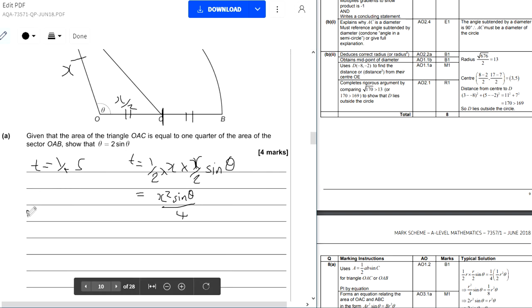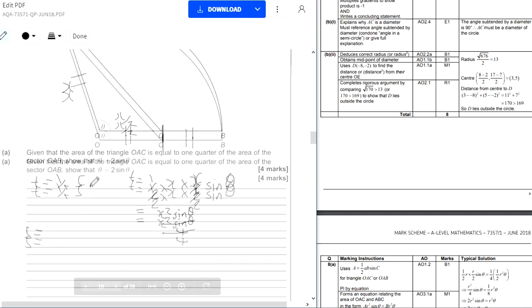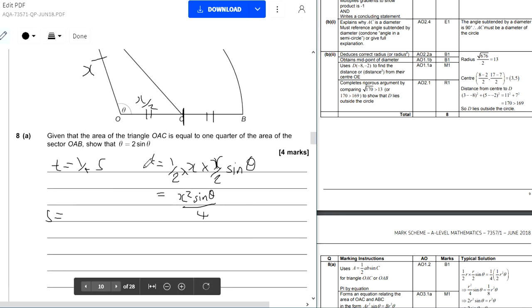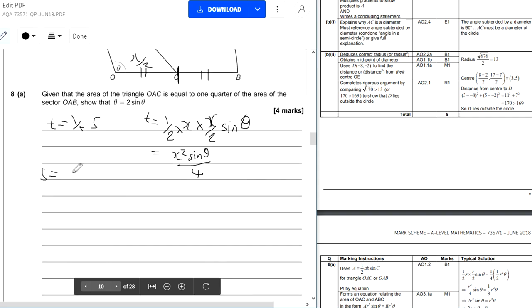Area of a sector is half r squared theta. So half r squared theta, we're going to say r is x, so half x squared theta.